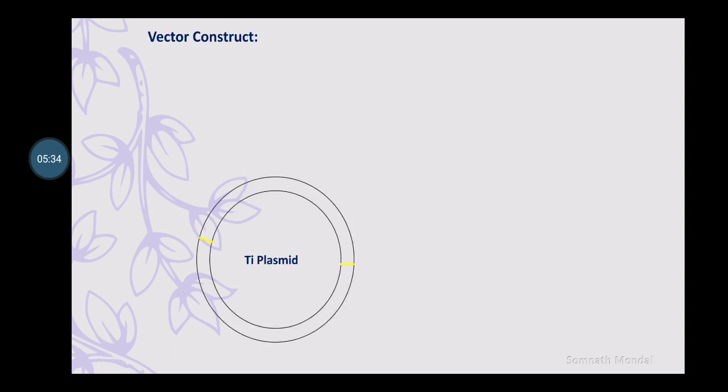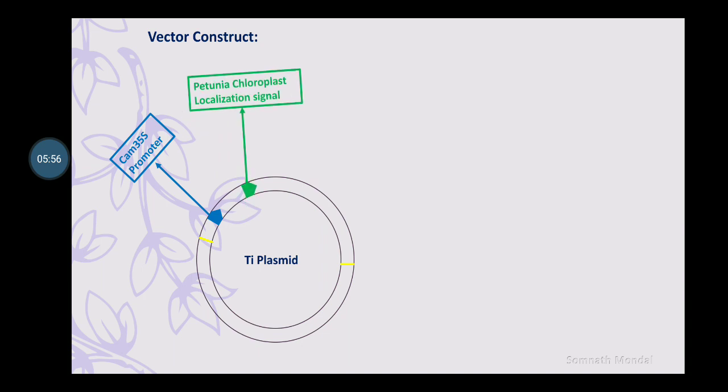Therefore, the vector construct for this program has left border and right border T-DNA sequences. Within them, marked with yellow lines, there is the CaMV 35S promoter, the universal, constitutive promoter, under which our gene of interest will be incorporated.